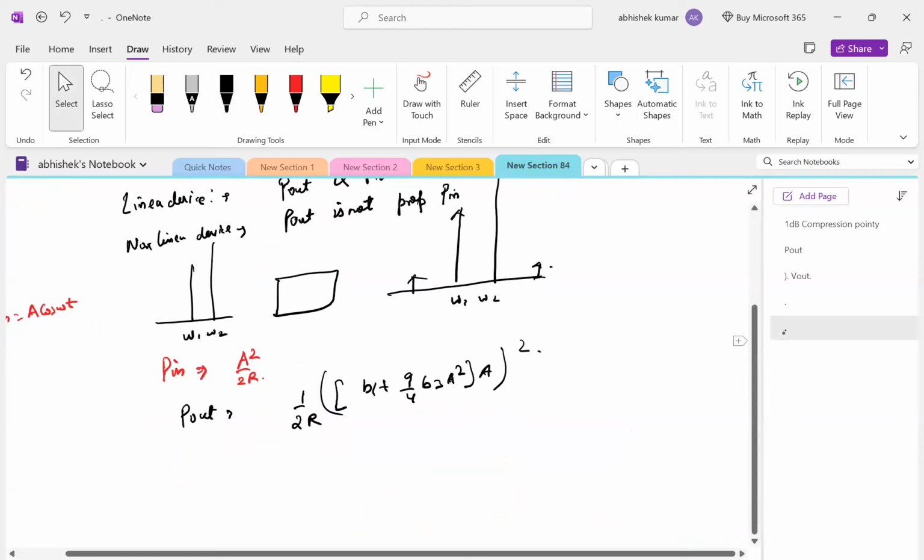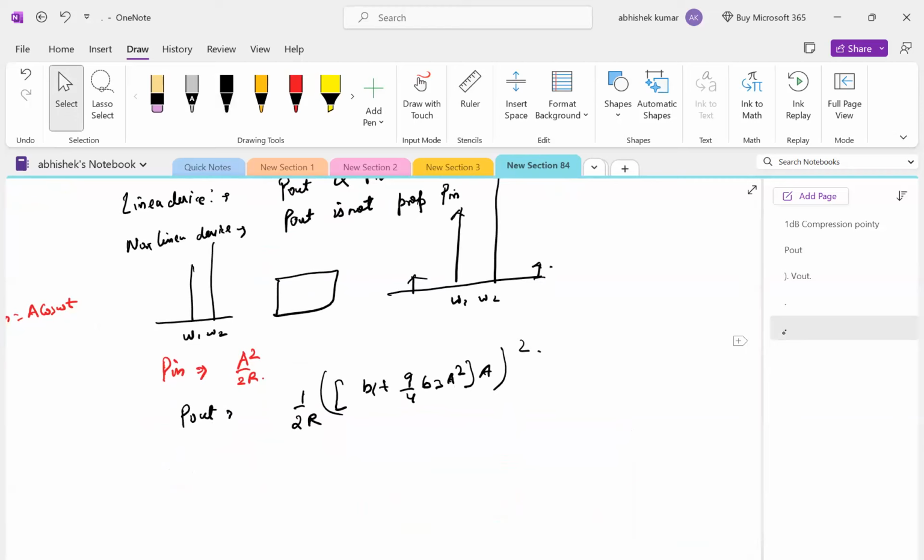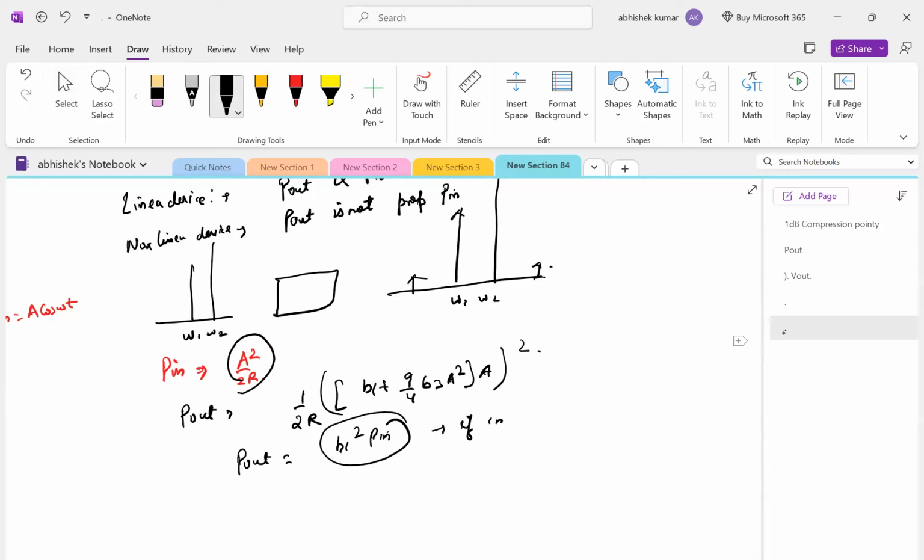So the power of the wanted signal at the output is not proportional to input. If the input signal is small, A is small, then we can have the power output as B1 square P in. If the input is very small, we can tell it is linear.